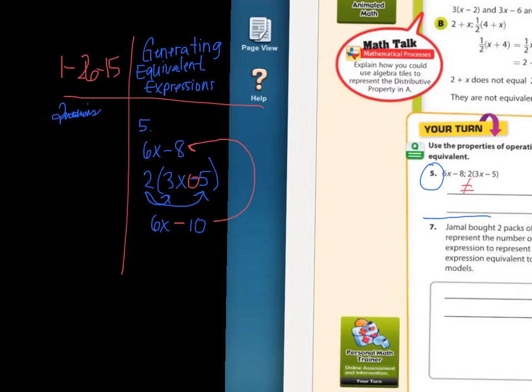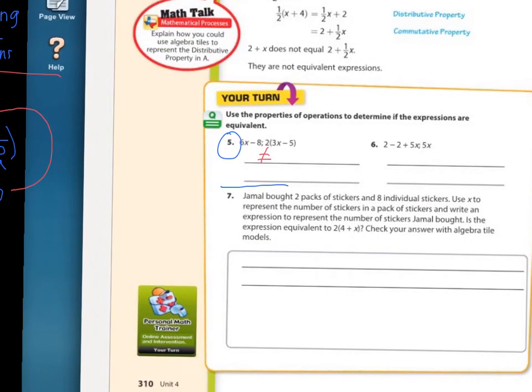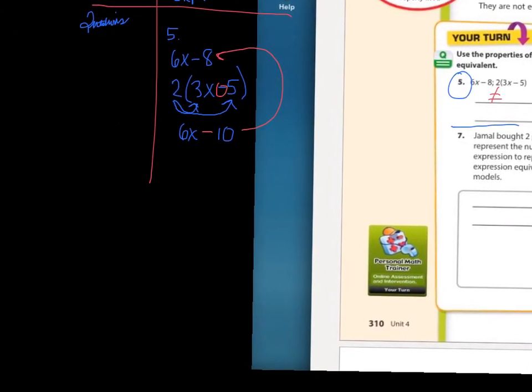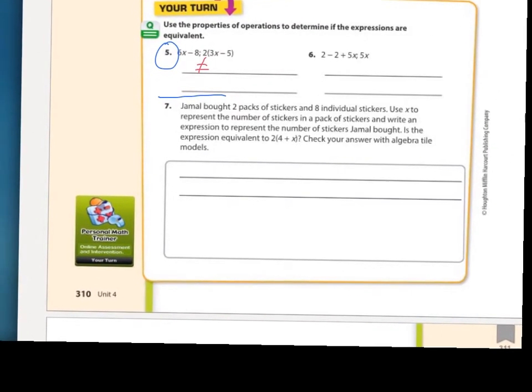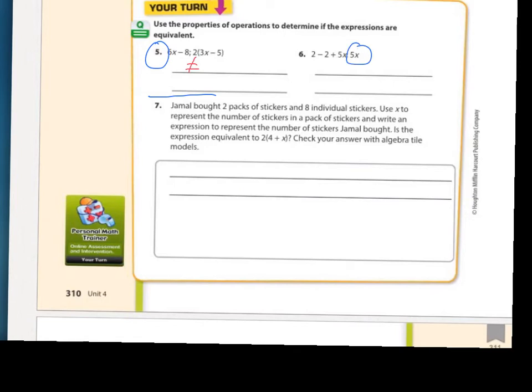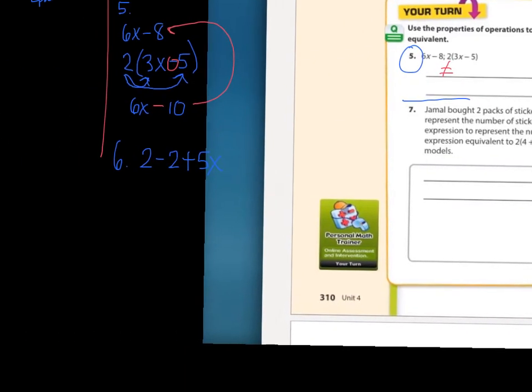Okay, let's look at number 6. 2 minus 2 plus 5x. And they're wondering if that is equal to just 5x. Is that equal to each other?